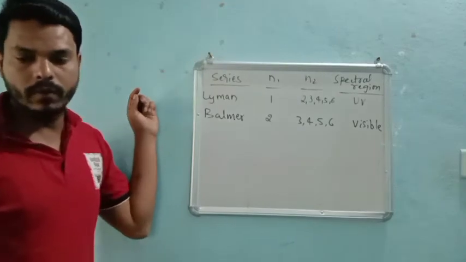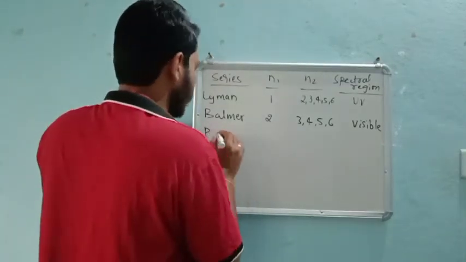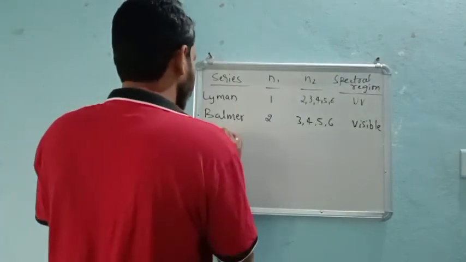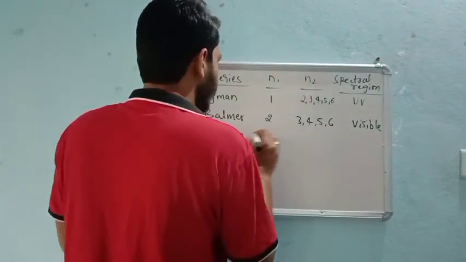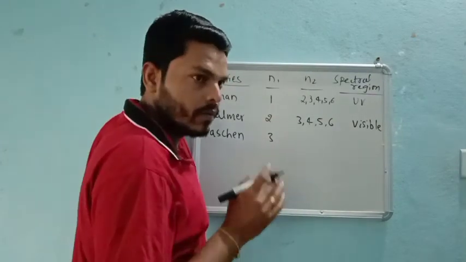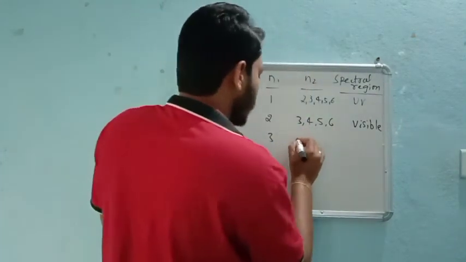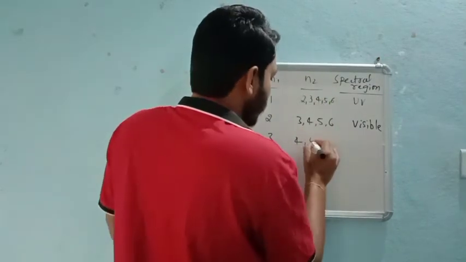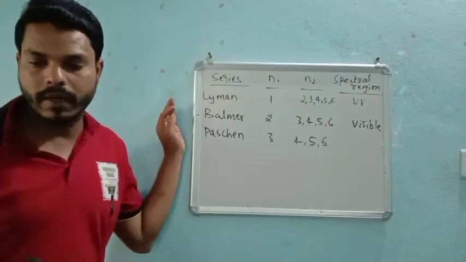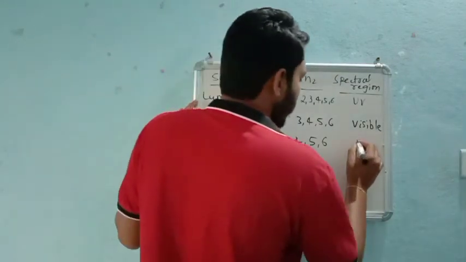Next, Balmer to the next, Paschen. According to Paschen, the lower energy was the third energy level, and from third it might jump to four, that means higher energy, five or else six, and whose spectral region is IR, infrared, right?